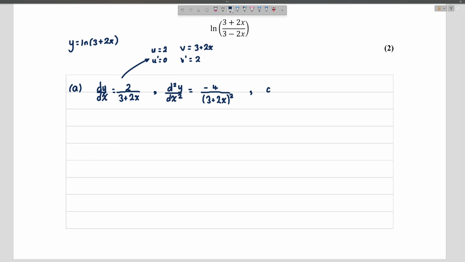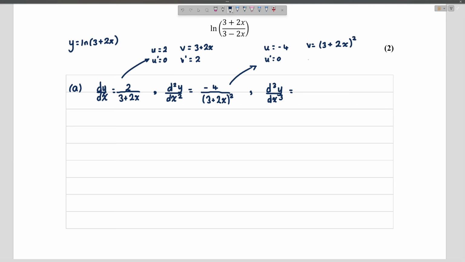And then finally, we can find the third derivative. Again, all we need to do is differentiate with respect to x, and again we need to use the quotient rule. This time u is minus 4, meaning u prime again is 0, and v is 3 plus 2x all squared.